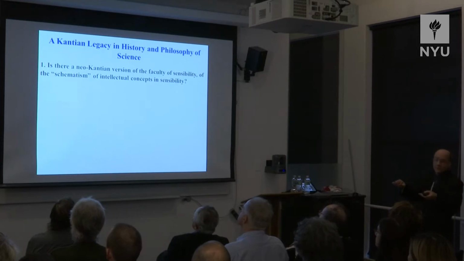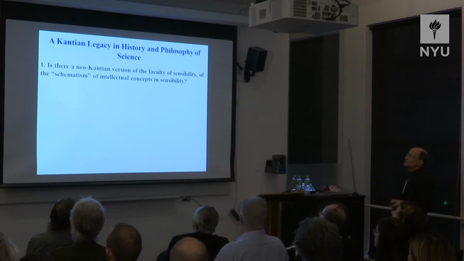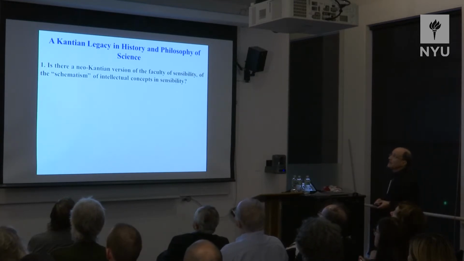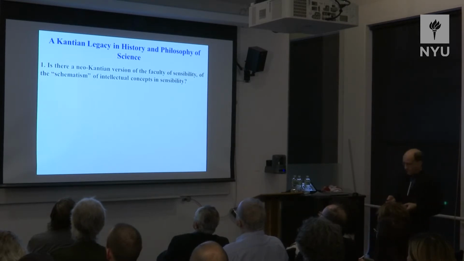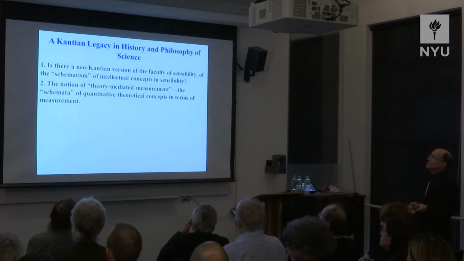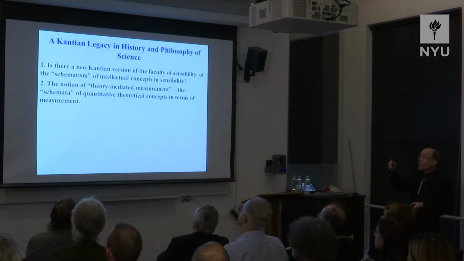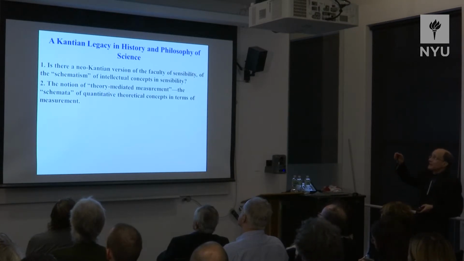Okay, so question. Is there a neo-Kantian version of the faculty of sensibility, that is, of the schematism of intellectual concepts and sensibility? Just what I've said. And I say, yes, there is. The notion of theory-mediated measurement, which is a way of linking quantitative theoretical concepts like mass, that's going to be my main example for a while, in terms of the way in which you measure mass.